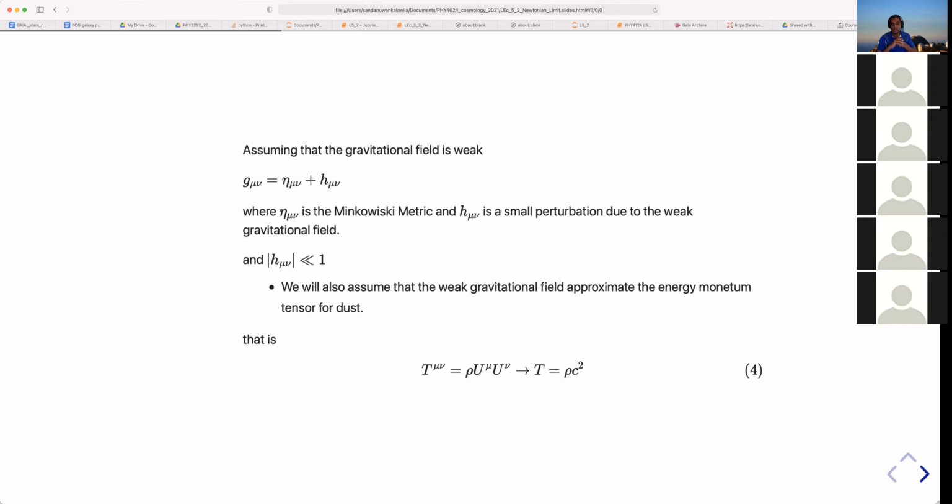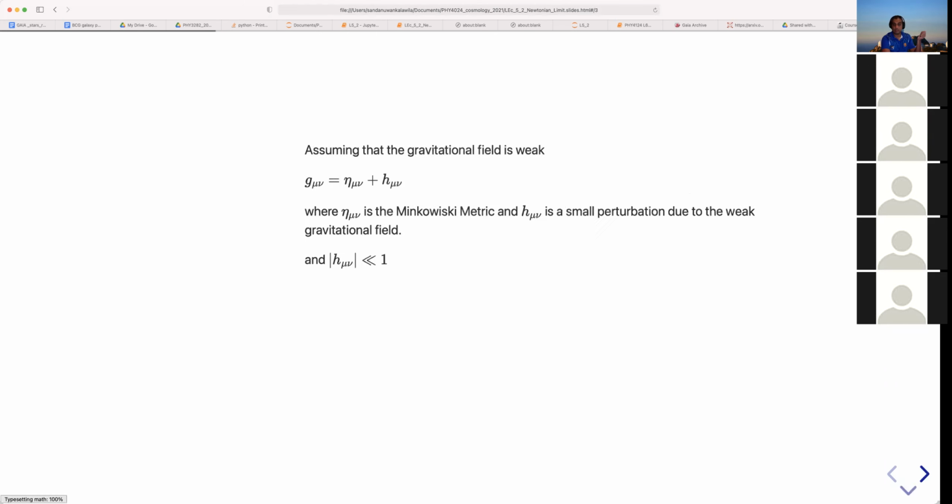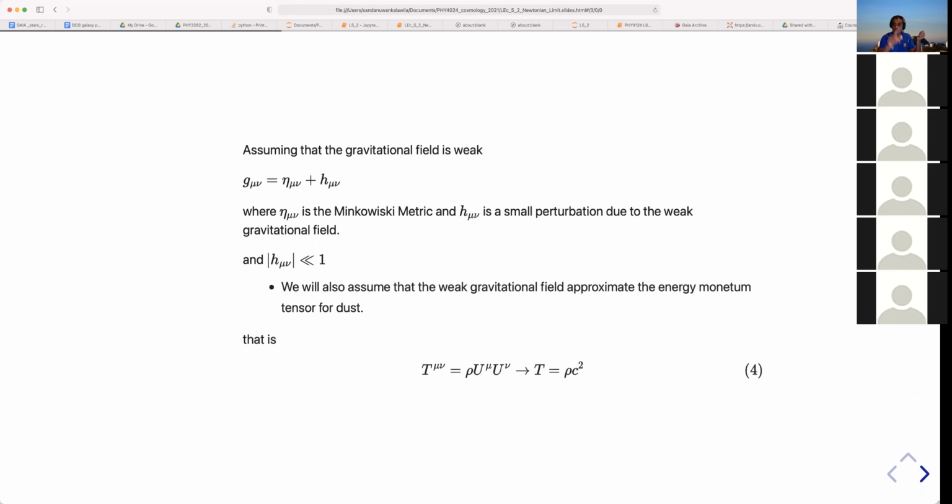For this particular situation, we assume that the energy momentum tensor can be represented only for dust, under these three conditions: a weak gravitational field, slow speeds, and a static field, not changing. Remember that you had all these velocity terms for all the other components except the first one.